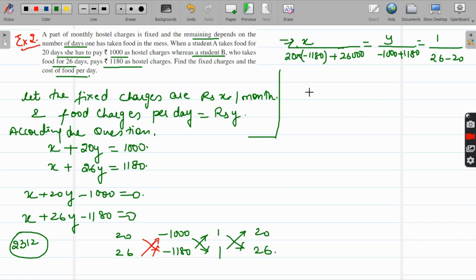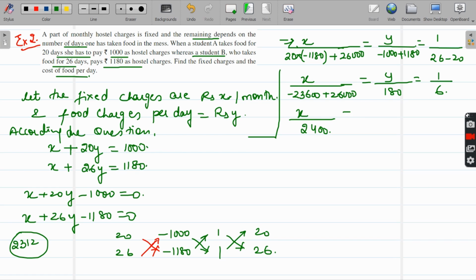So going further, we'll have x upon 20 multiplied by 1180 should give me minus 23600 plus 26,000 is equal to y upon 1180 minus 1000 is equal to 1 upon 6. So finally we get x upon 2400 is equal to y upon 180 is equal to 1 upon 6.